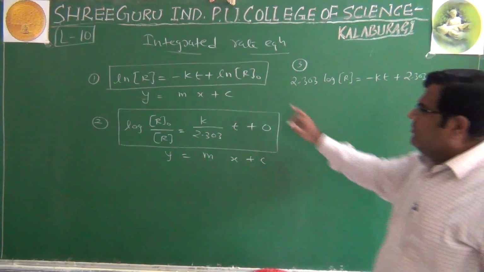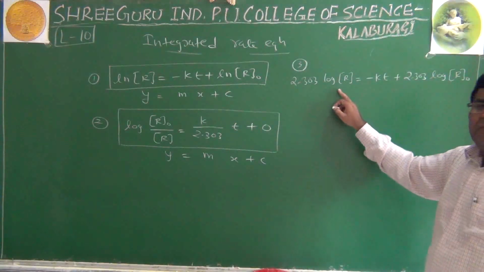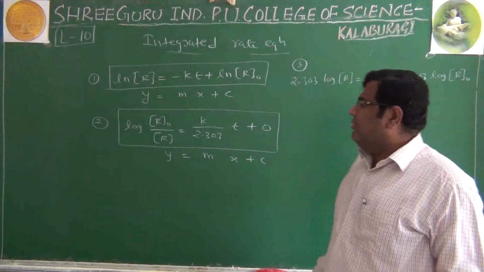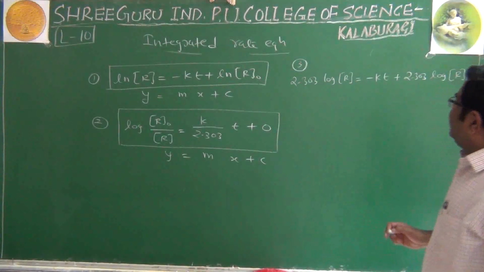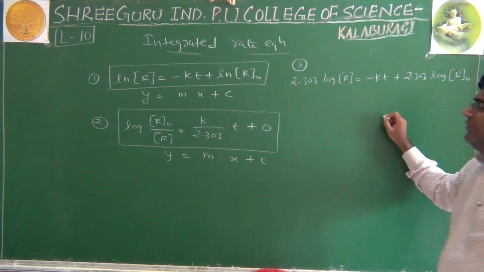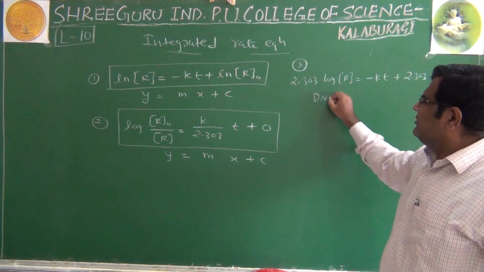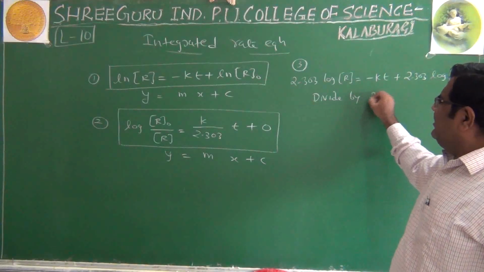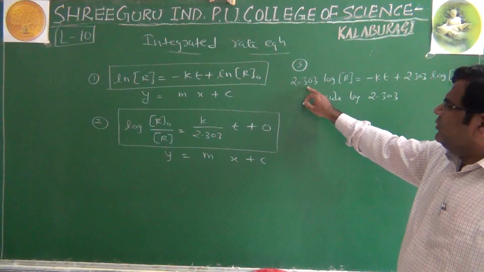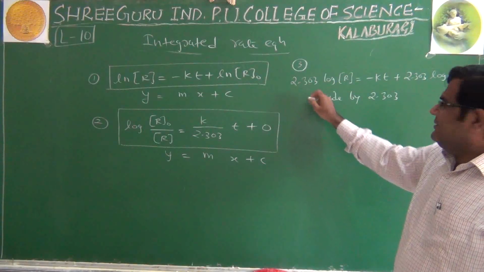Now from the same equation we have obtained this equation. The only thing is we have converted the natural log to the log to the base of 10. Here we have not written it because it is not in a logarithmic term. Now we divide this equation by 2.303. So when we divide this by 2.303, the 2.303 gets cancelled.